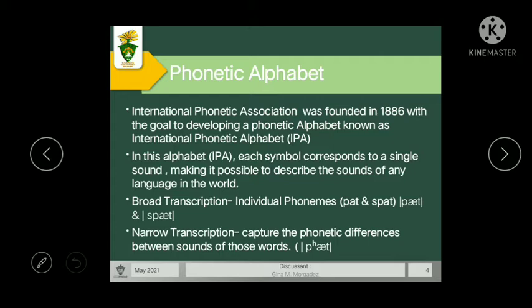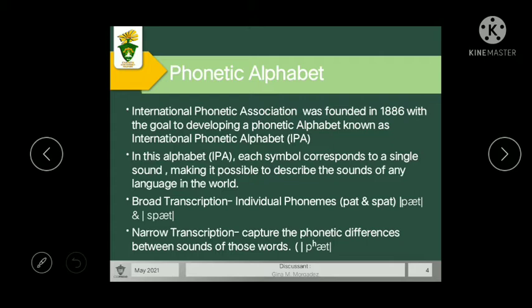This is why the grapheme A, or the letter A, can be associated with many different sounds. For example, the A in Broadway, the A in substance, and the A in addiction.